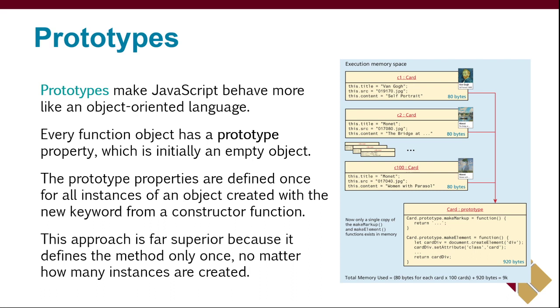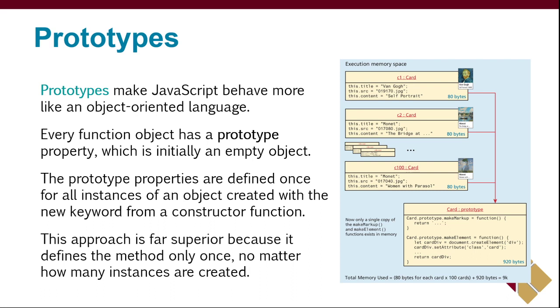So each function object has a prototype, which is just an empty object, right? You don't have to make use of the prototype empty object. In that case, it just stays empty. But if you want to, you can do it.